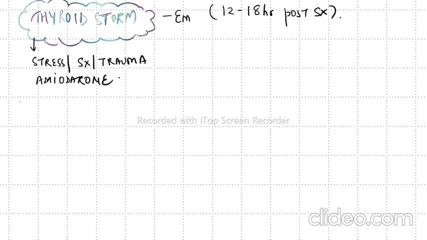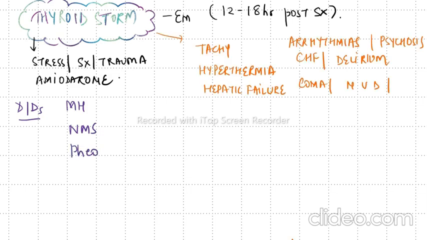What are the DDs of thyroid storm? You have to remember malignant hyperthermia, neuroleptic malignant syndrome, and pheochromocytoma. You will get symptoms like tachycardia, hyperthermia, hepatic failure, arrhythmias, congestive heart failure, coma, nausea, vomiting, diarrhea, delirium, psychosis, etc.